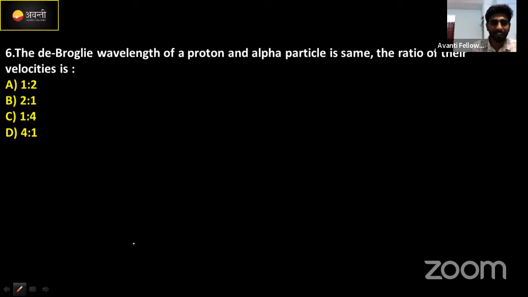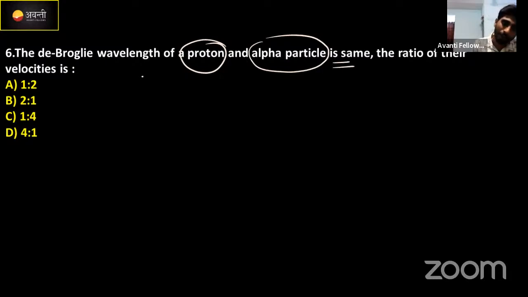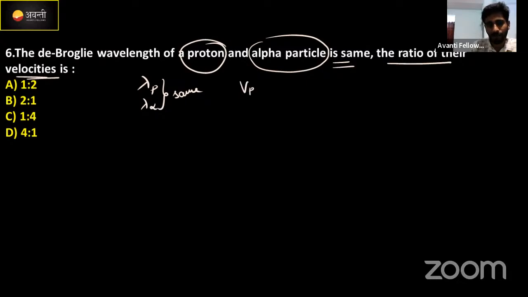Okay. Next question here. The de Broglie wavelength of a proton and an alpha particle is the same. The wavelength of proton and wavelength of alpha particle are the same. The ratio of their velocities is, you need to find the velocity of proton to the velocity of alpha particle.